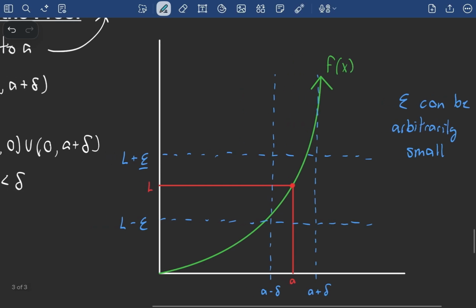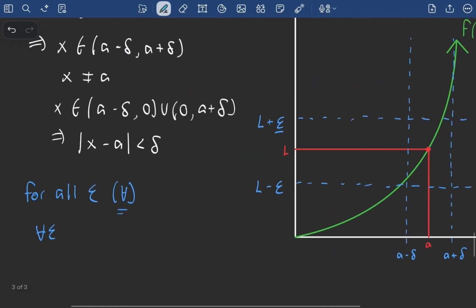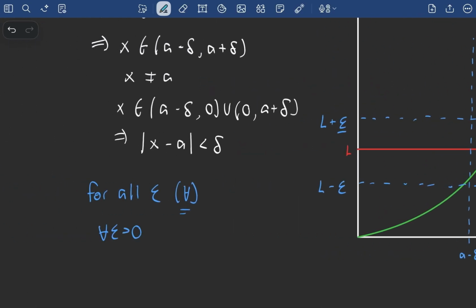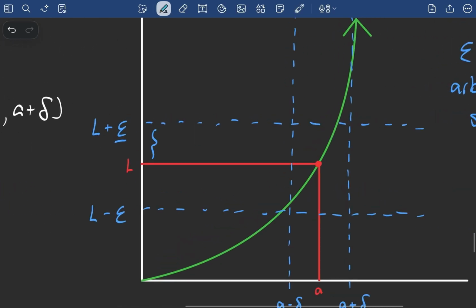So the opening of our proof would be for all epsilon. We're going to use the symbol upside down A. That means for all. So for all epsilon. And epsilon has to be greater than 0, because if epsilon was 0, there is no limit there.